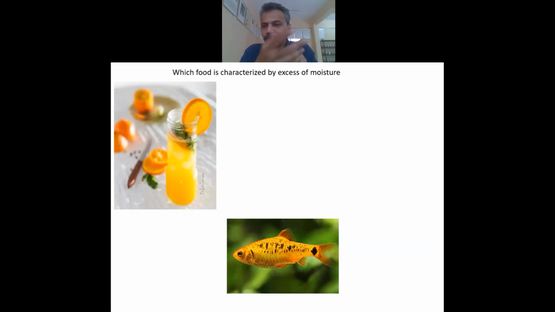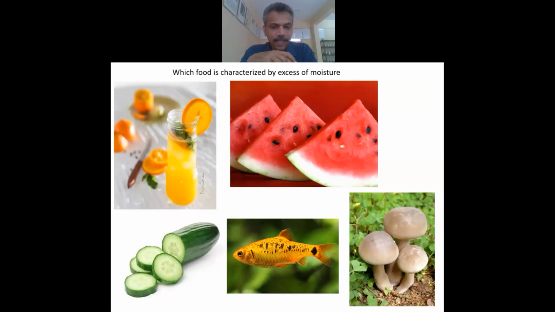And probably juices, like orange or musambi. So they again have a good amount of moisture, good amount of water content. Melon, Sai has already spoken of. Mushrooms, they also have good amount of fluid. Okay, so these are all the foods which are characterized by excess of moisture, and majority of the times a person with hydrogenoid constitution will have an aggravation after taking all these things.